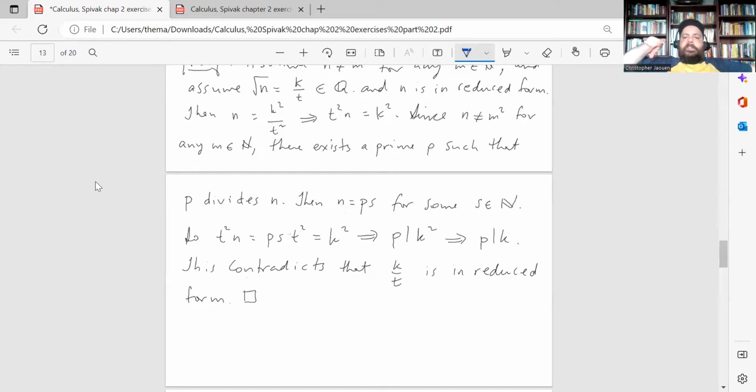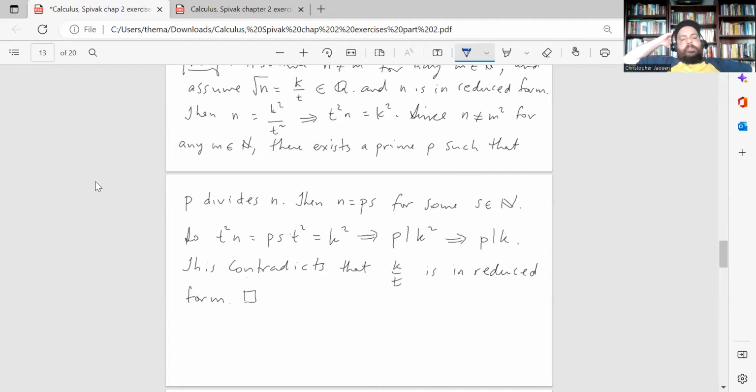I don't think we proved that theorem in this book, but it is a theorem from number theory. If you have a prime dividing a product, let's say a times b, then the prime p has to divide one of the factors. So it either divides a or it divides b. Here, k squared is k times k, so that means that p has to divide k.